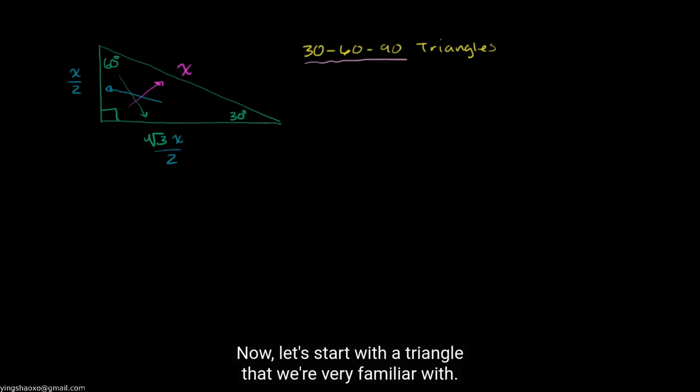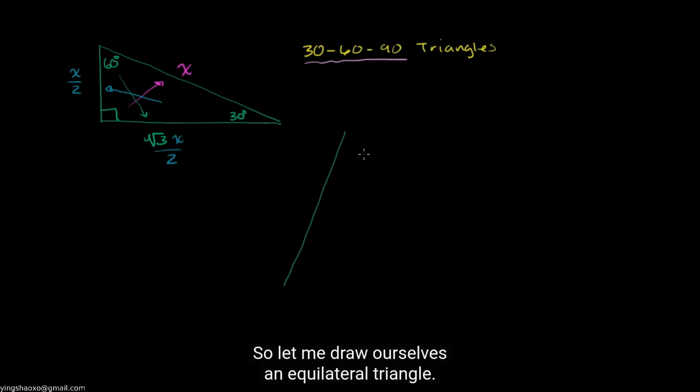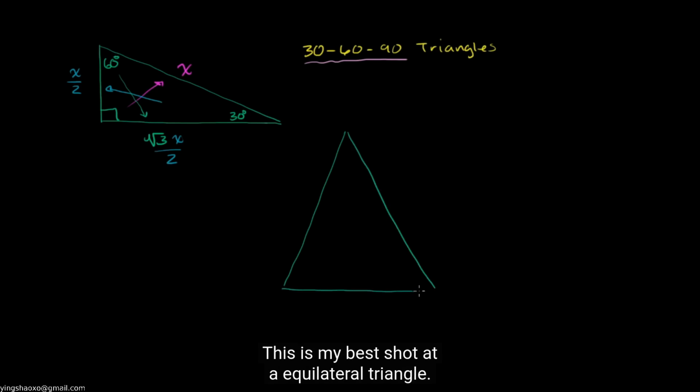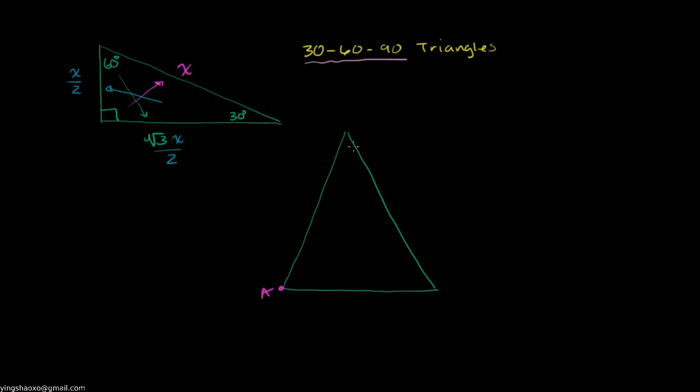Now let's start with a triangle that we're very familiar with. So let me draw ourselves an equilateral triangle. Drawing the triangles is always the hard part. So this is my best shot at an equilateral triangle. And let's call this A, B, C. I'm just going to assume that I've constructed an equilateral triangle.